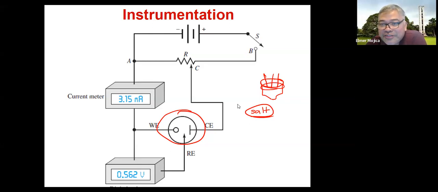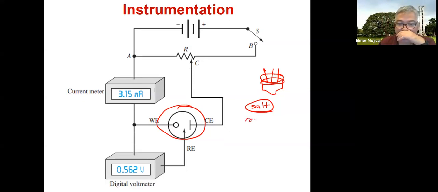Because ayaw mo na doon sa in-apply mong potential, nagre-reduce din yung metal doon sa supporting electrolyte mo. You want the only one being reduced to be the analyte that you are studying. So usually the salts reduce the effects of migration and lower the resistance of the solution.